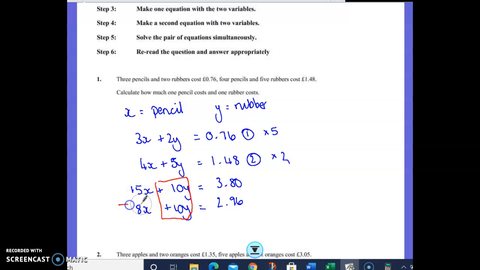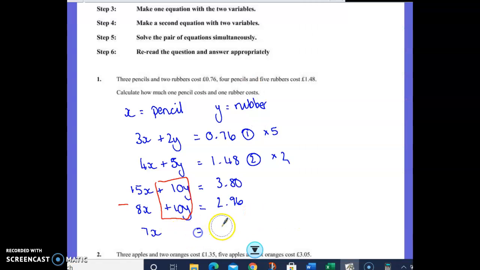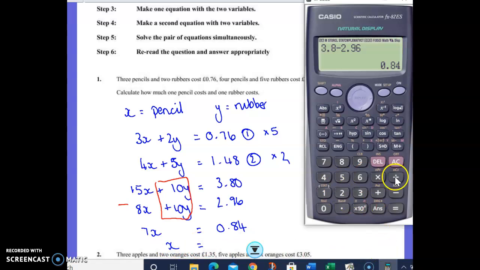We've got the same sign, so we subtract. 15x take away 8x is 7x. £3.80 take away £2.96 is 0.84 or 84 pence. So 1x is 84 divided by 7, which is 12 pence.